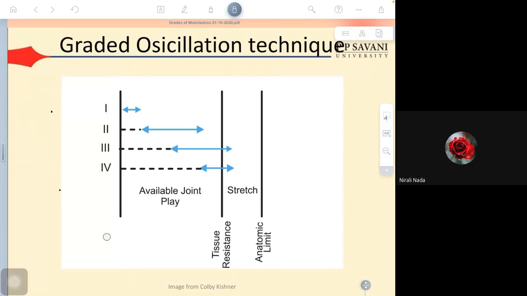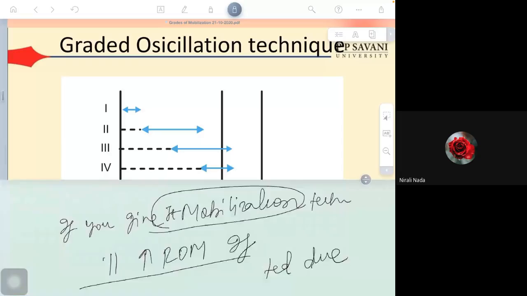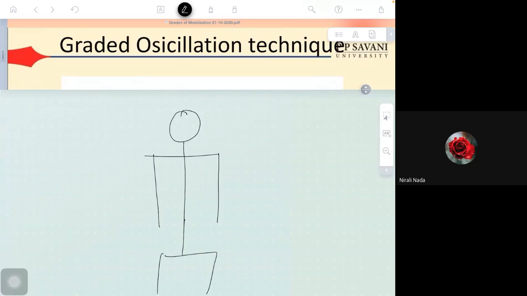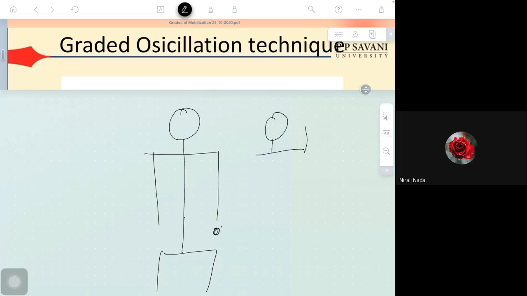Okay. So for example, imagine this is 0 degree or neutral position. And what is full range of motion? Full range of motion is 180.